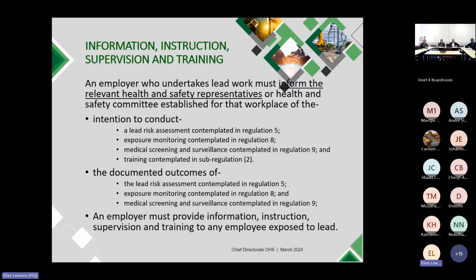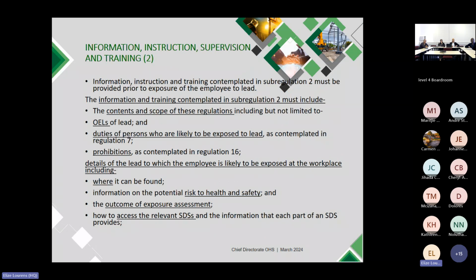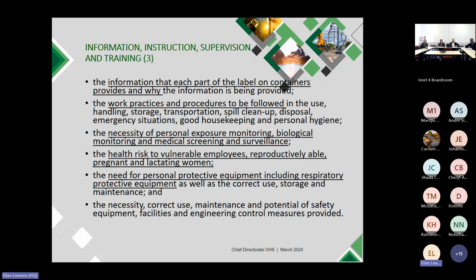That it's not just enough to provide somebody with training and walk away. You need to supervise that the training is actually implemented and followed along the way. Information and training, and then as per all our regulations, it just gives you the scope of what the training should include and what people need to be trained upon.